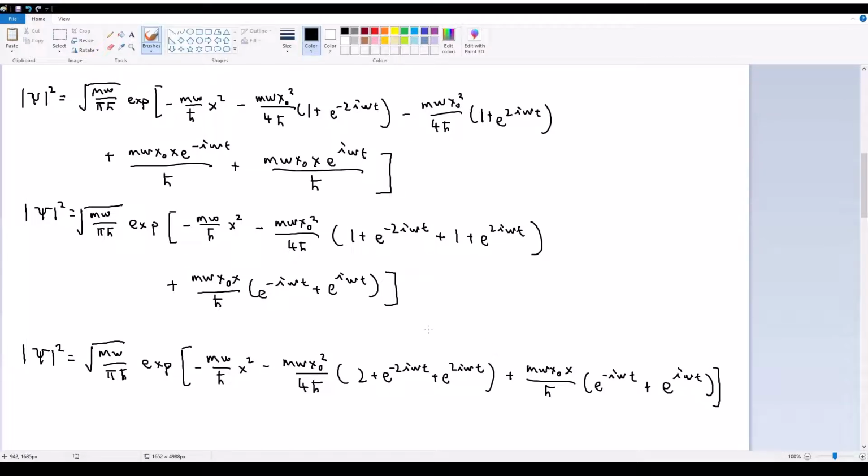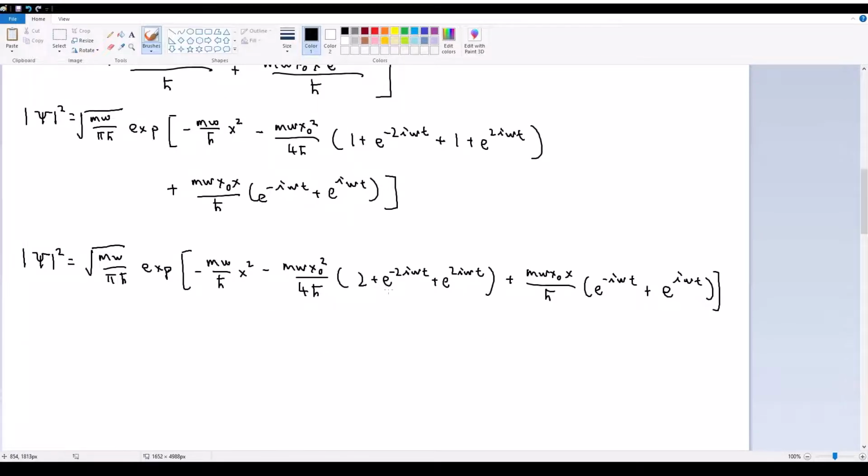And now let's invoke trigonometric functions. So let's see. Over here we have e to the 2i omega t plus e to the negative 2i omega t. So immediately, I'm going to write this in red. I know that cosine of x can be expressed as e to the ix plus e to the negative ix, all divided by 2.